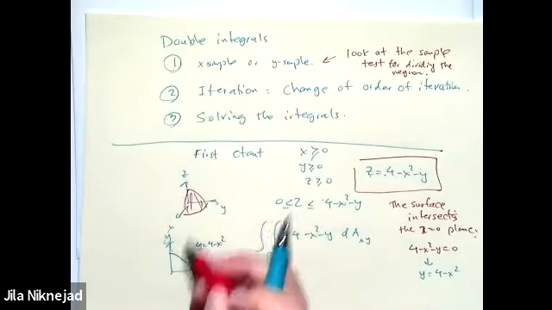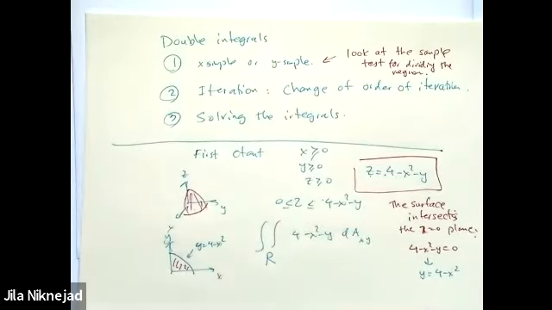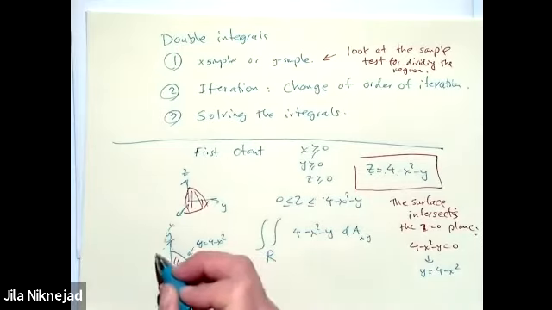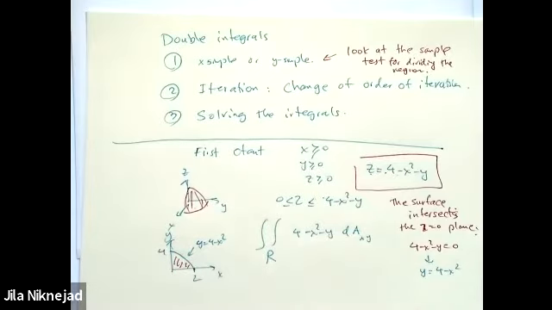I know the region is in here, so I can shade it. The intersection of this curve with the x-axis is going to be 2; negative 2 doesn't matter to us. And 4 up there. Okay, so I got the region.